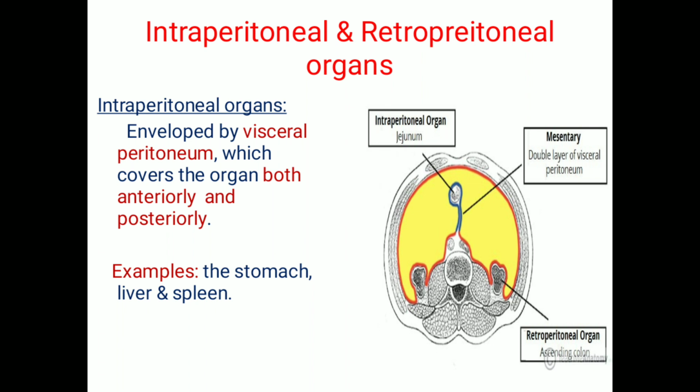In this diagram, the organ surrounded by the blue line is the intraperitoneal organ. So if you see that organ, it is completely covered both anteriorly and posteriorly by the visceral peritoneum.